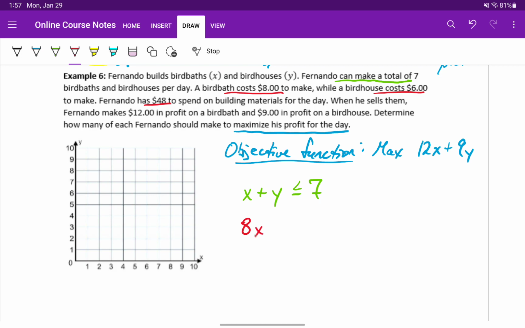Meaning that $8 times x, so $8 per bird bath plus $6 per birdhouse has to be less than or equal to $48. And the two implied statements that x has to be greater than or equal to 0 and y needs to be greater than or equal to 0. Gives us our system of inequalities that we can graph to determine our feasible region.